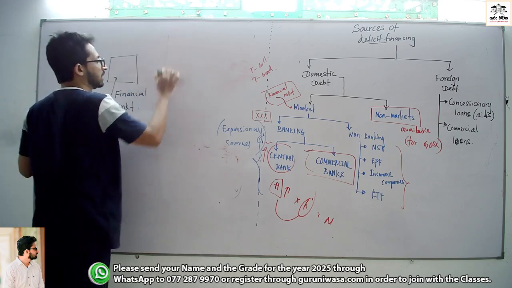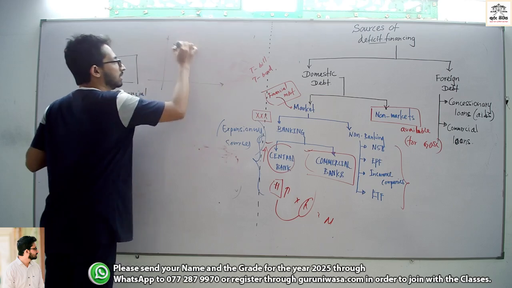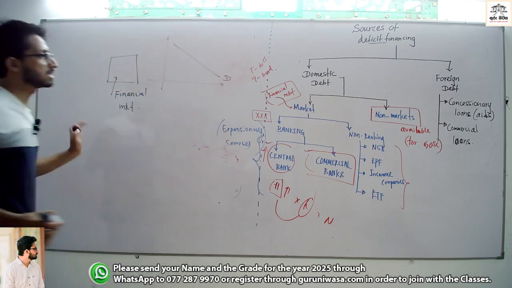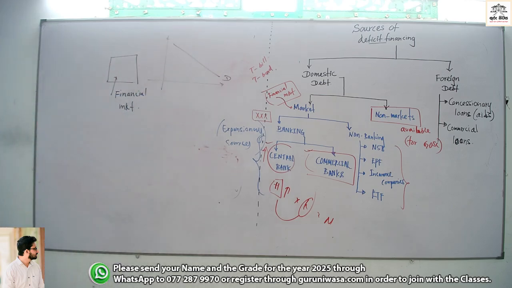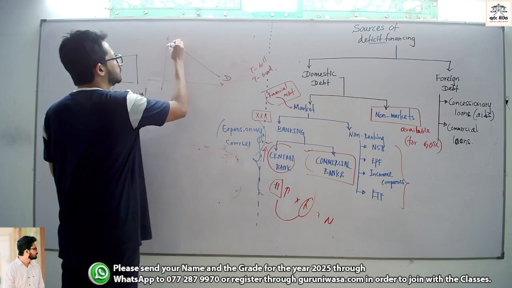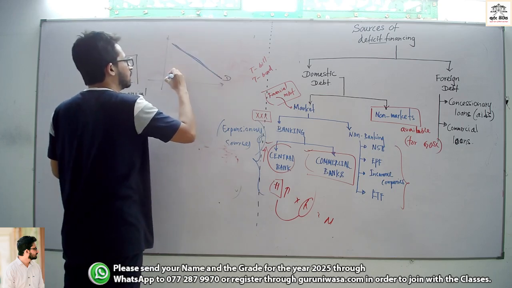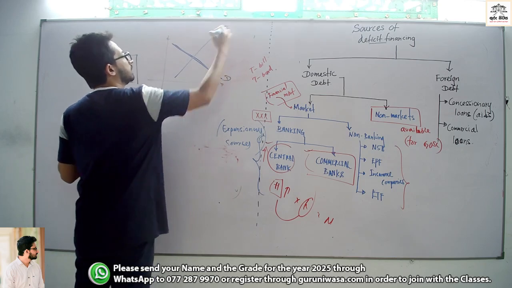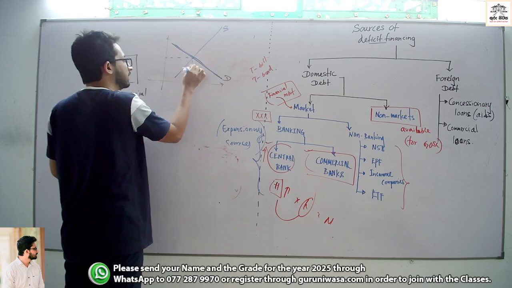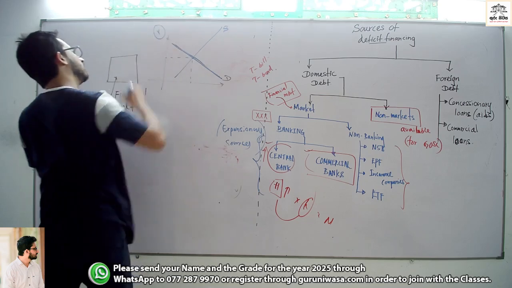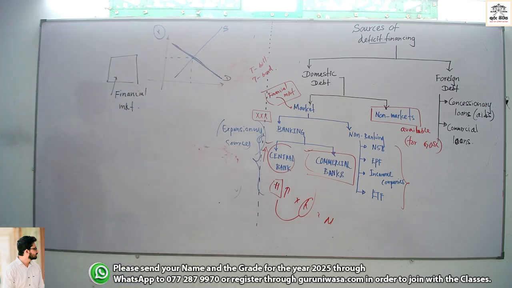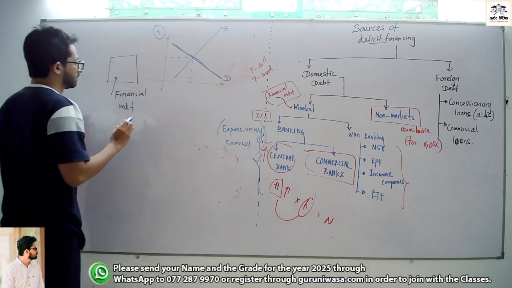In the financial market, there is a demand for funds, which is called money demand, and also a supply of funds. This is the equilibrium. The price of money is called the interest rate. Are you okay with this? This is the financial market.